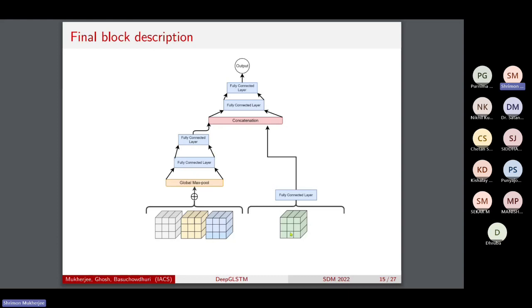For the protein representation we also apply a linear transformation, and then we concatenate those two and apply fully linear transformations to get a single output. And since I previously said that this is a regression problem, we apply mean square error loss to update the model's weights.